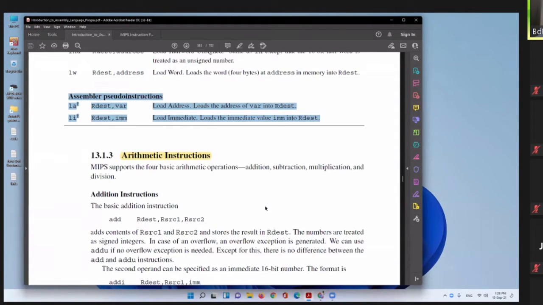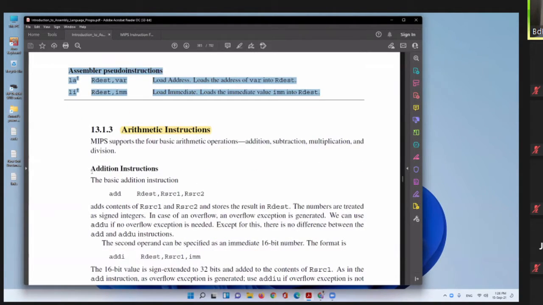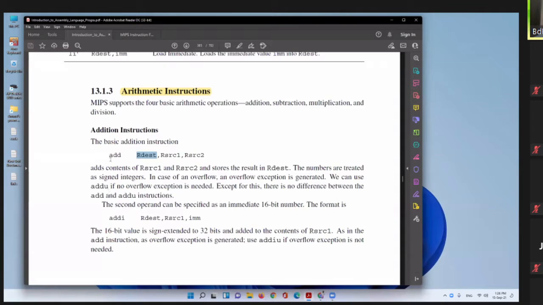After that, we discussed 4 basic arithmetic instructions. First one is addition, very simple. We have already seen that add takes 3 register names. Source 1 and source 2 will be added to each other, and then the result will be stored in the destination register. In add, we might have an overflow, and in that case an exception is generated.